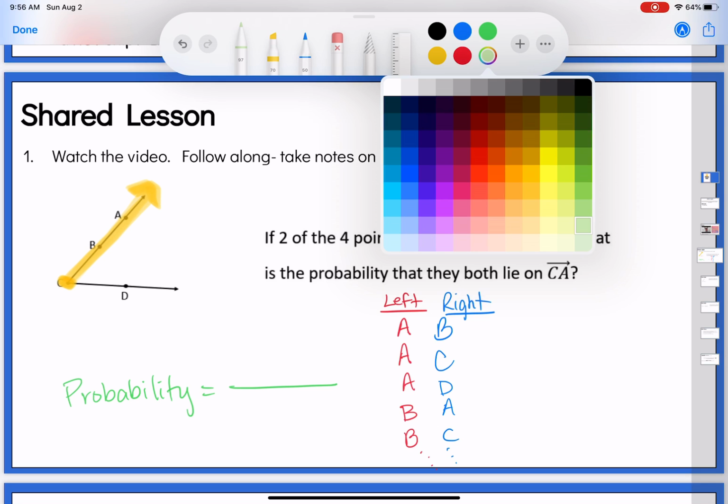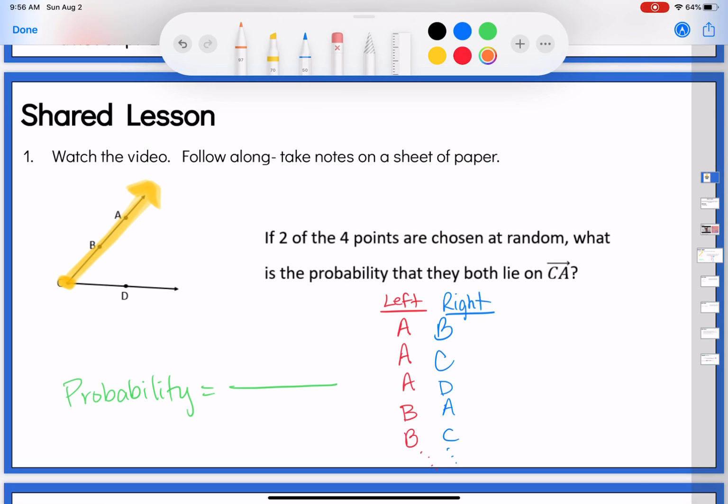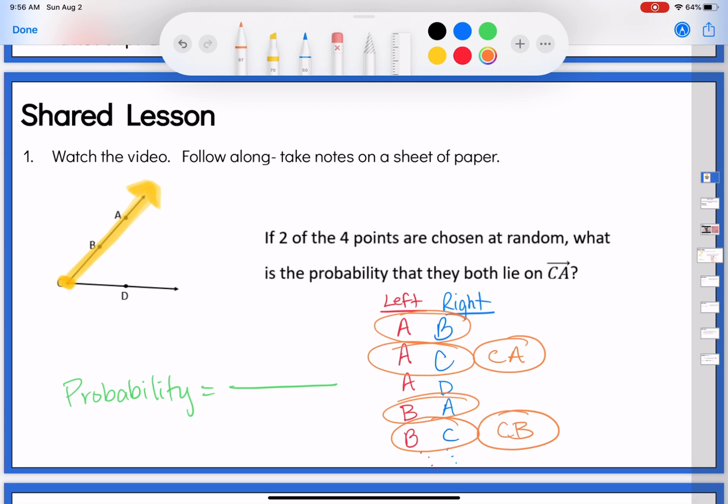Maybe a faster way would just be, all right, what are my good options? What would I be looking for here? So let's see. I could have A and B as a good option. I could have A and C as a good option. I could also have B and A as a good option, right? I could have C and A as a good option. I could have B and C as a good option. C and B as a good option.